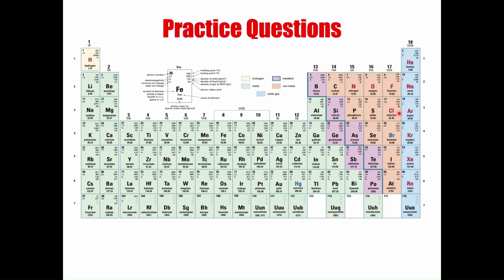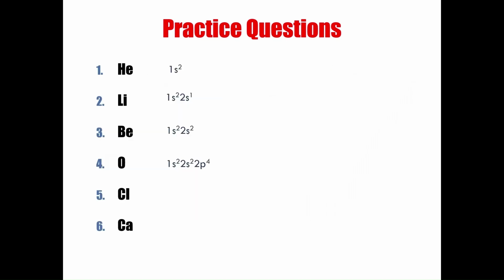We'll have 2 electrons allocated to the 3s orbitals, and the remainder, which will be 5, will be placed in the p orbitals for the third energy level. And so we write it out as 1s2, 2s2, 2p6, 3s2, 3p5.